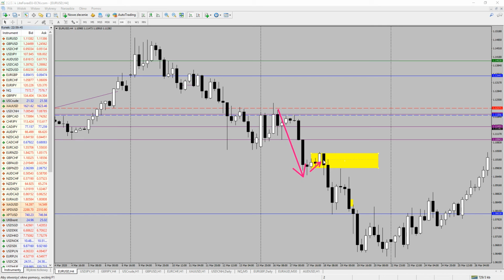Again, drop, base, drop. Right, what happened? We retest the base. Boom, down move. Okay, what happened next? Attempt to move lower. Wow, such a nice dip here, right?